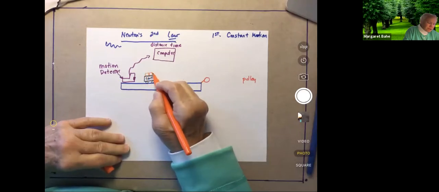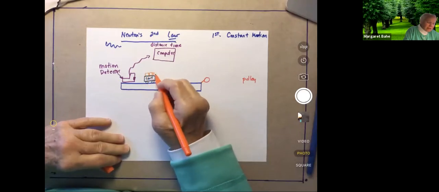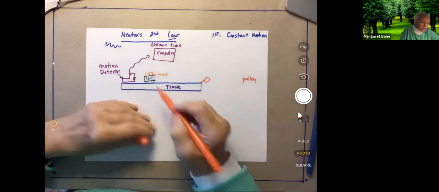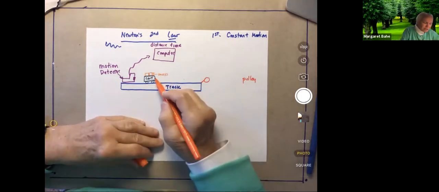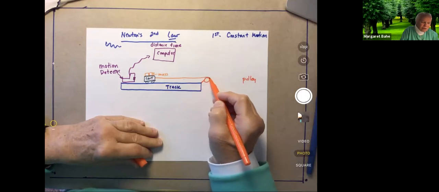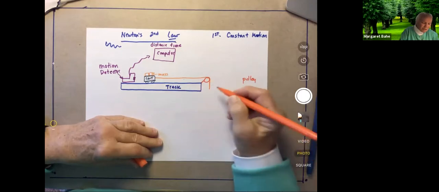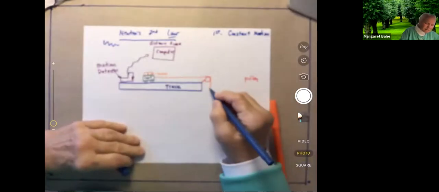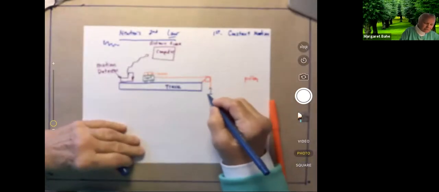So you've used carts here. We're going to put some mass on this cart. And now we're going to connect that cart via a string over the pulley. And on the pulley, I'm going to place that pan.